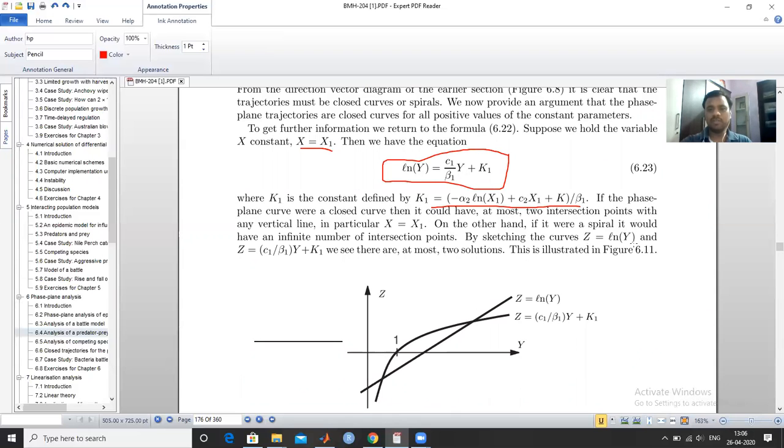If we take z is equal to ln y and z is equal to this, we want to check the intersection point, because this curve is given at x is equal to x1, so we want to find out the intersection point. Suppose we take z is equal to ln y and z is equal to this one, then what will be the intersection point?